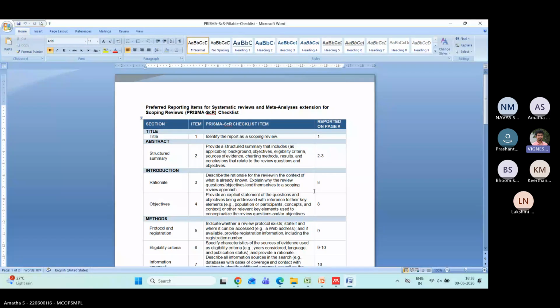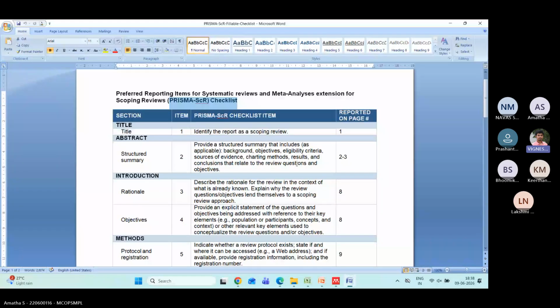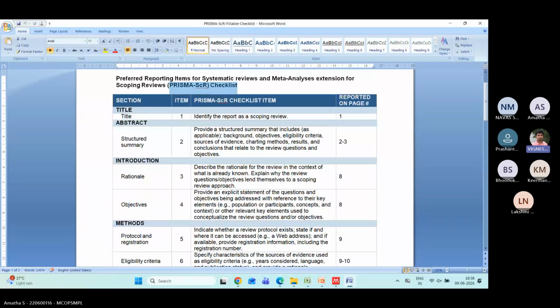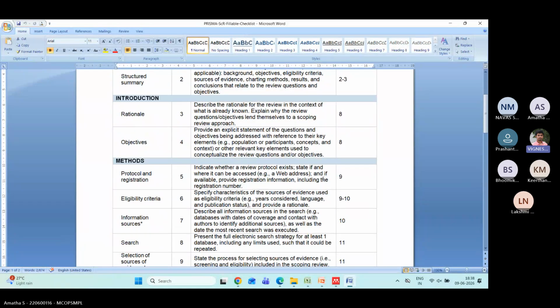You can search in Google and you will get the empty checklist. Then you just have to report where you have placed the title, whether a structured abstract is there, whether you have mentioned the rationale of the work, whether you have placed the objective, then protocol registered.